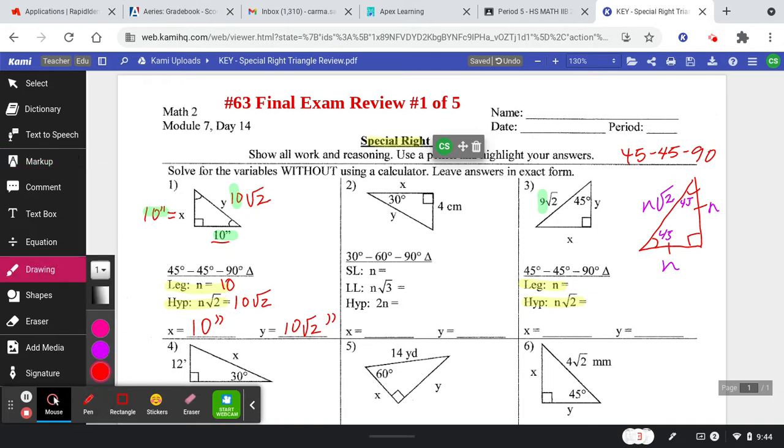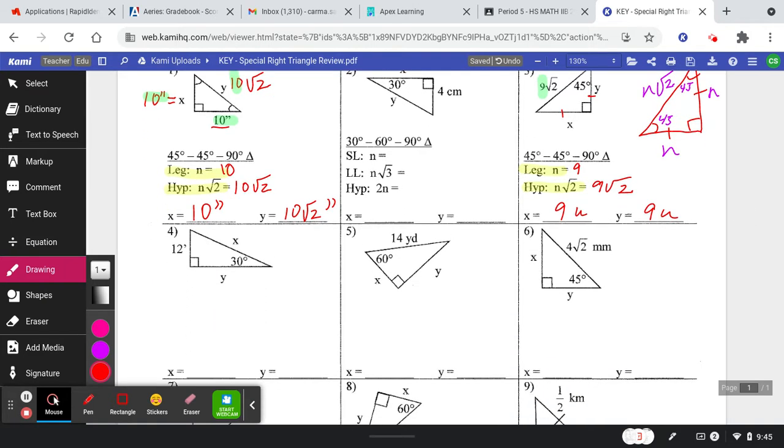Do you see that that's just going to make our leg values 9? So x is going to be 9. There's no units given here, so I'm going to write u for units. And y is the other equal side length, so we're going to write that y equals 9 units as well. So side length 9, hypotenuse 9 root 2.